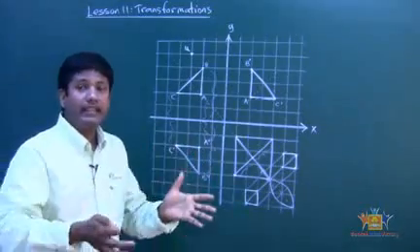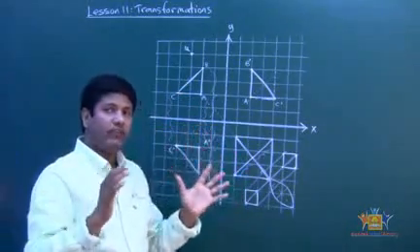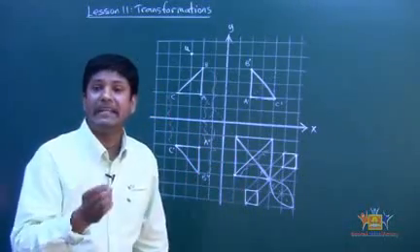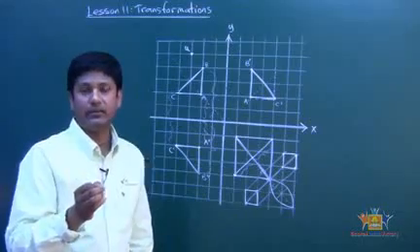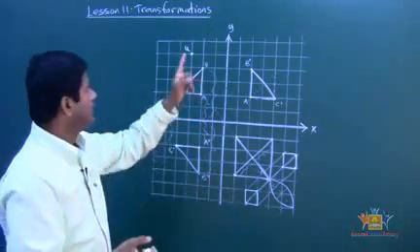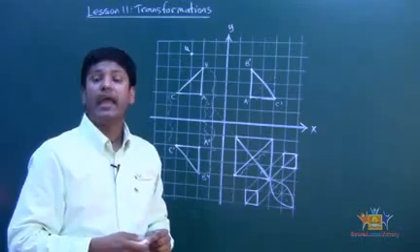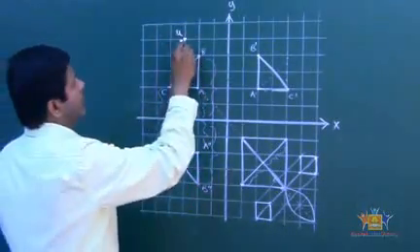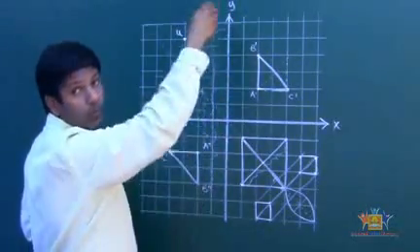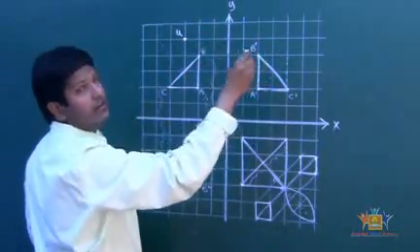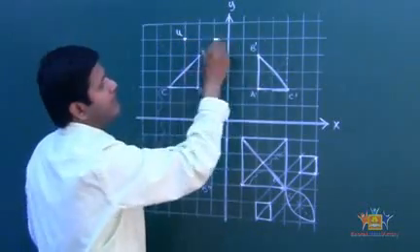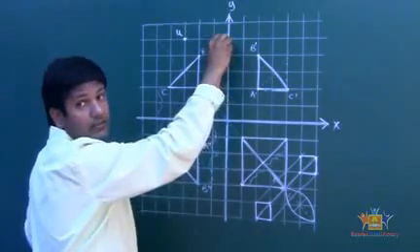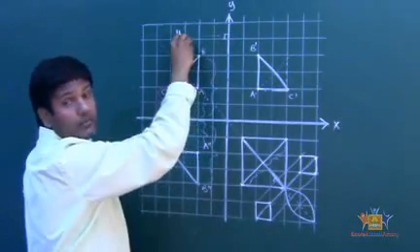The key thing when we talk about reflection, when you're given the axis of reflection, you find the perpendicular line, that bisector, perpendicular to the axis of reflection. In this case, perpendicular to what? Y-axis. So if this is the y-axis, perpendicular makes a right angle at 90 degrees.